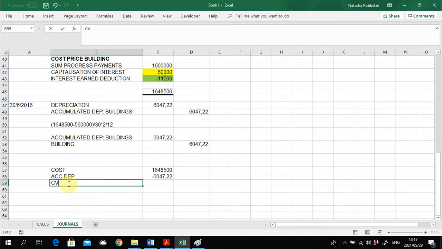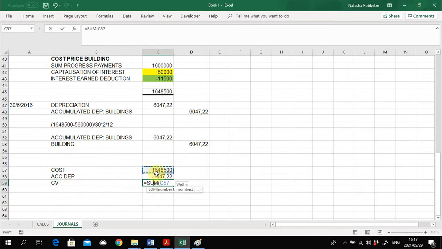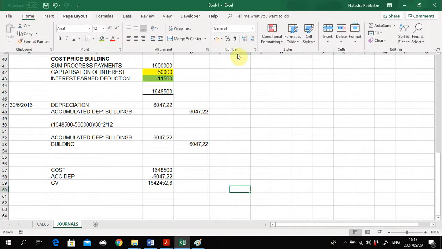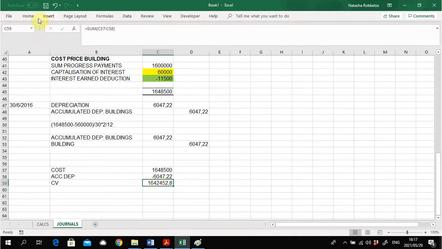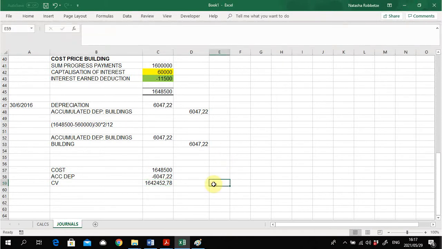So the carrying value of the asset at the end of the year is 1,642,452 and 88 cents. Whenever technology wants to help me, I beg your pardon, 78 cents. That is our carrying value.